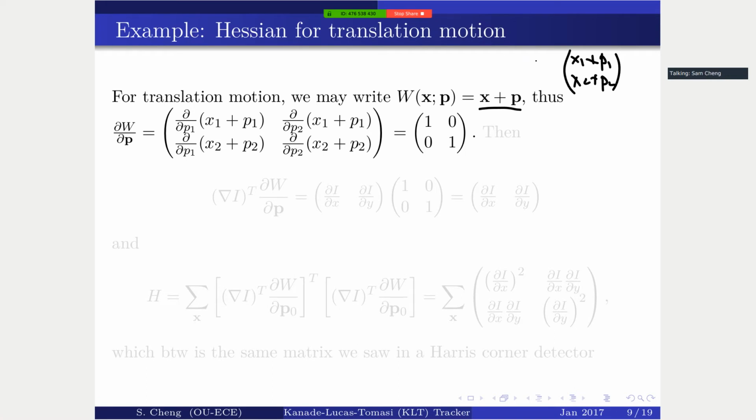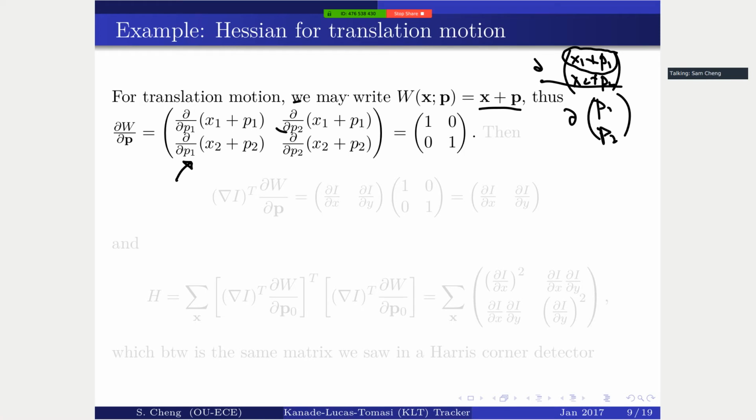Then I take the partial derivative with respect to p1 and p2 to form a Jacobian. Remember, in the Jacobian, for each element, the first element would be the partial derivative of this guy with respect to p1. Therefore I have this one, right?